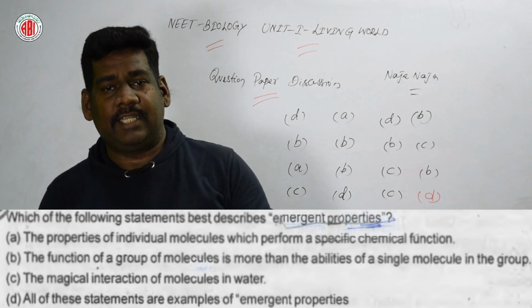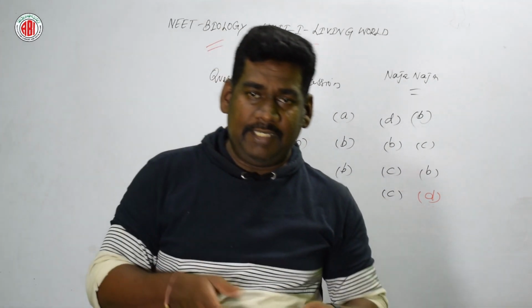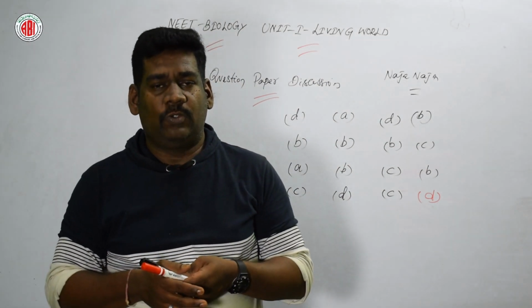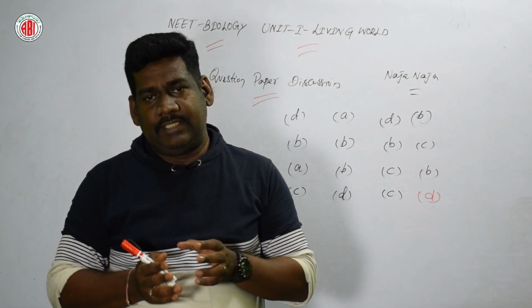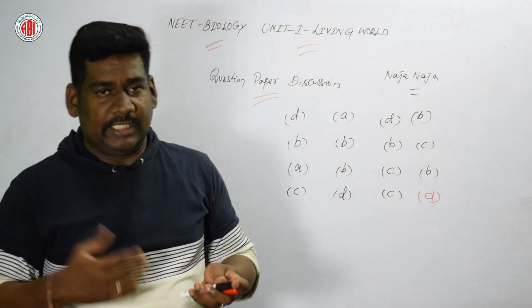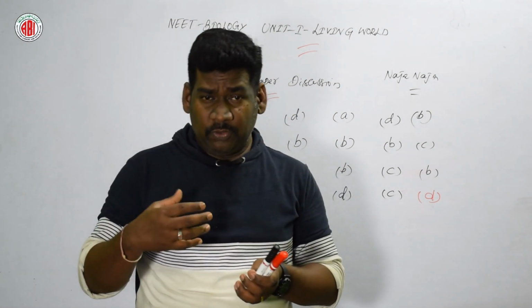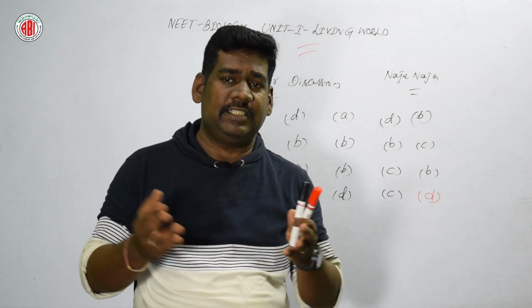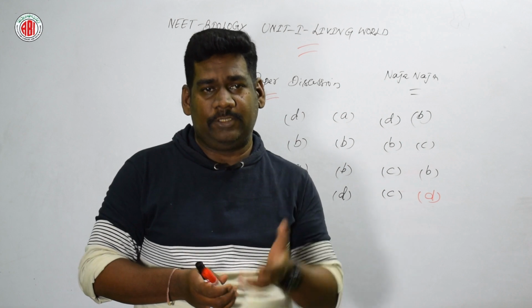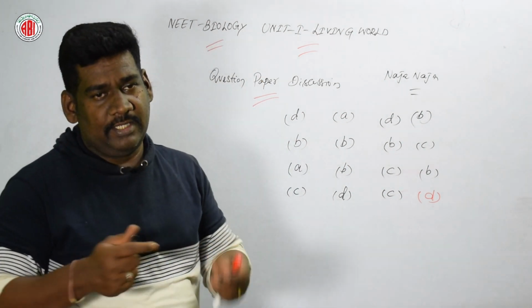All of these statements are examples for emergent. Actually, emergent properties are related to the function of a group of molecules which is more than the abilities of a single molecule in the group. The ability of a group of molecules as compared to the single molecule is said to be the emergent property. So option B is the right answer for this question.